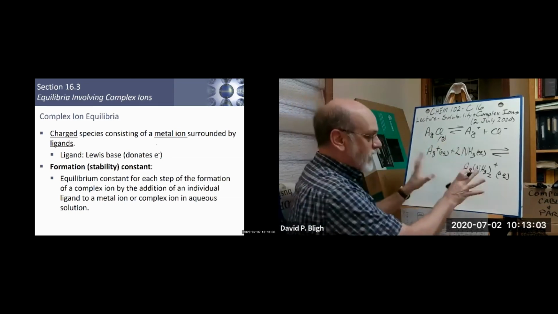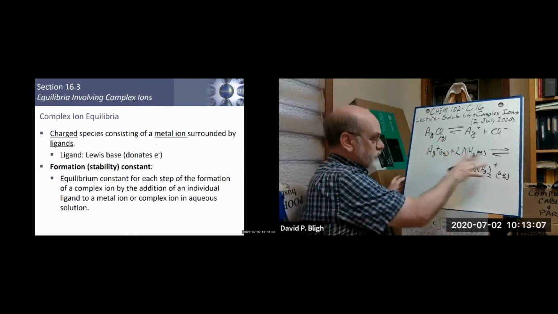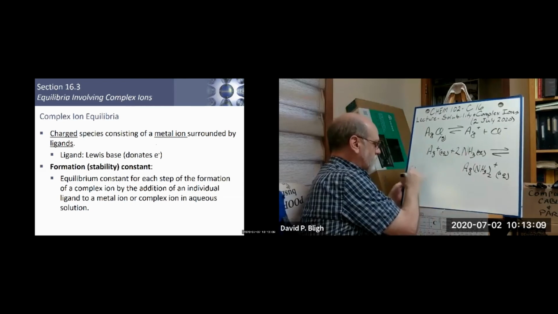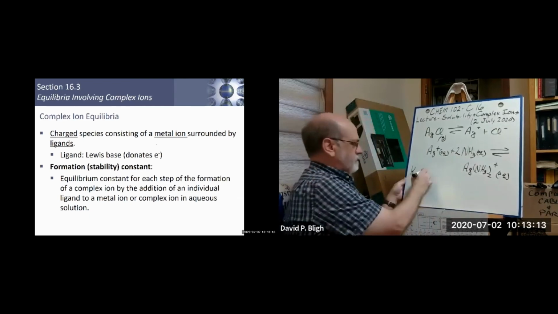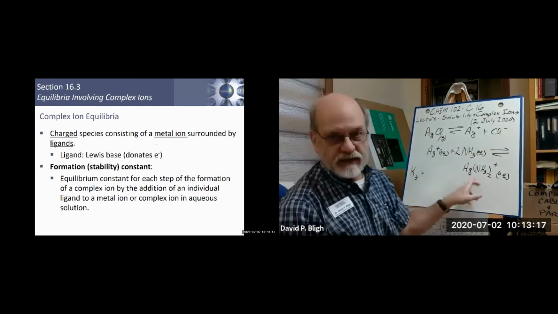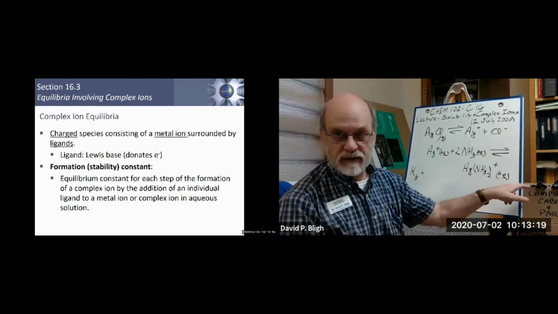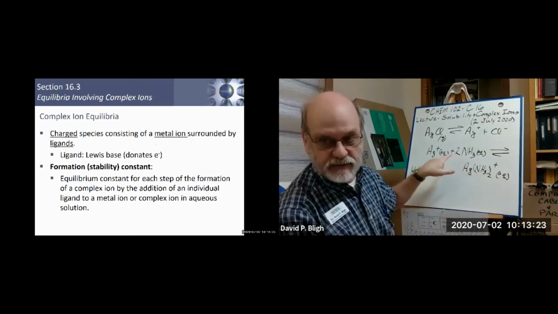Okay, now you can write an expression, an equilibrium expression for this equation, right? So this would be a formation constant. So in a formation constant, the complex ion is a product, and the metal and the ligands are reactants.